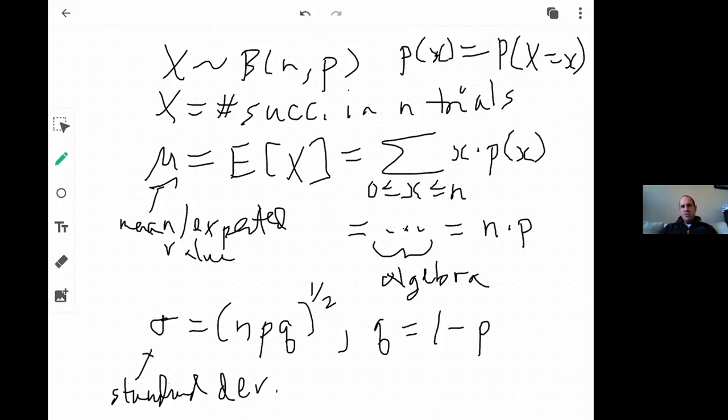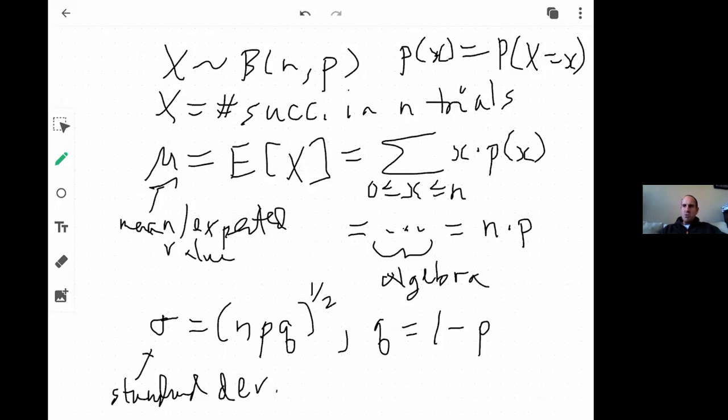But the mean might not actually be a very good indication of what's going on overall, because the data might be very spread out. It might not hunker down around the mean at all. The mean might not even be a possible number that the random variable could take on.